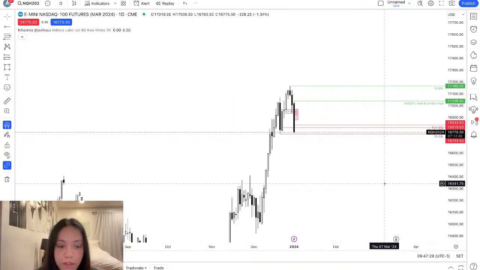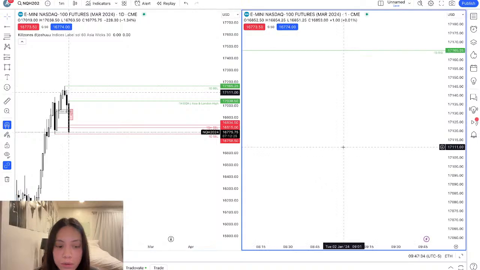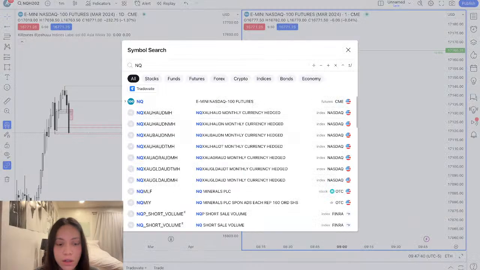Yeah, NQ is definitely looking a lot more weak, in my opinion, than ES.